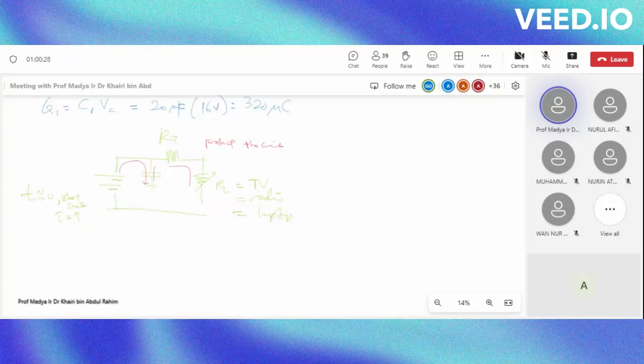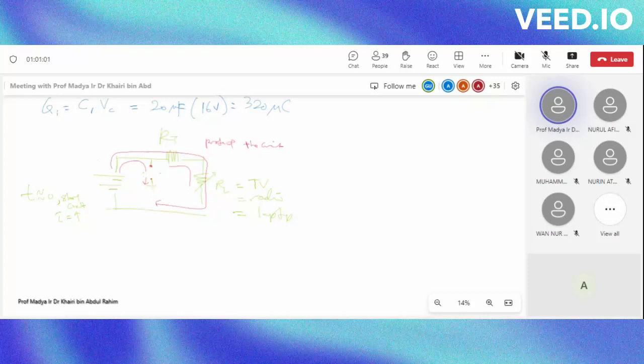And after a while, after it has stabilized, it becomes what? It becomes open circuit, and therefore it's no longer used, and current can flow as normal like this. Okay, so that's why sometimes you see capacitor as a protection for the circuit. That's why it is used in the circuit.